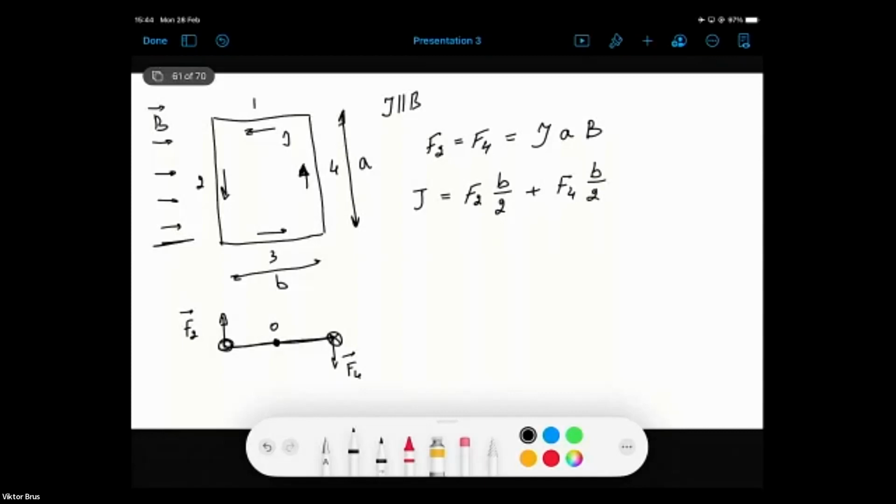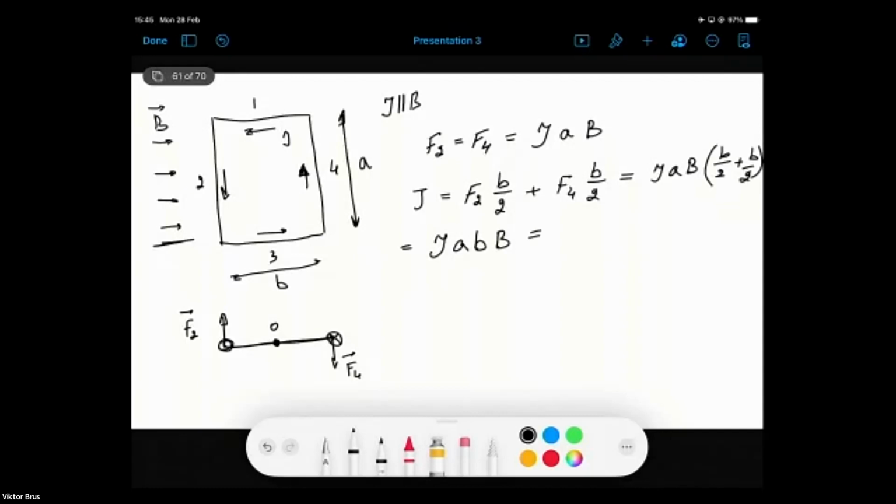Assuming the magnitudes of F2 and F4 we know, that will be I times A times B, here it will be B over 2 plus B over 2. And eventually we get I times A times B times capital B, which stands for the magnetic field.